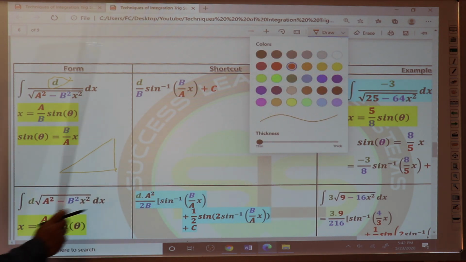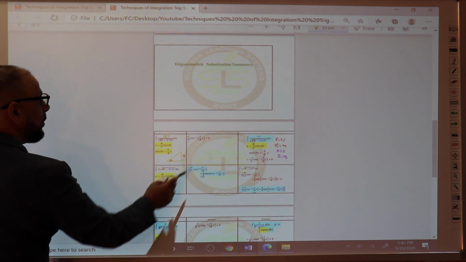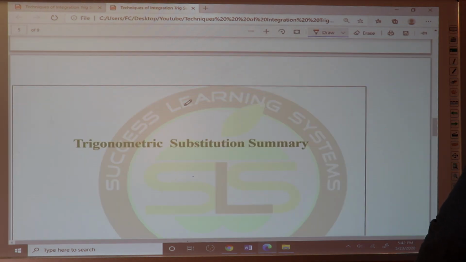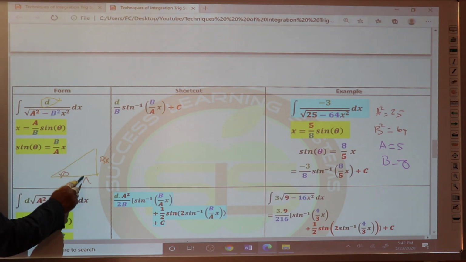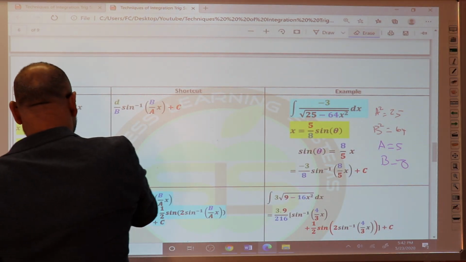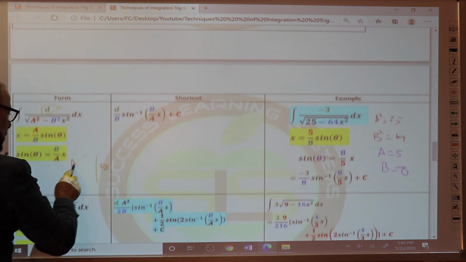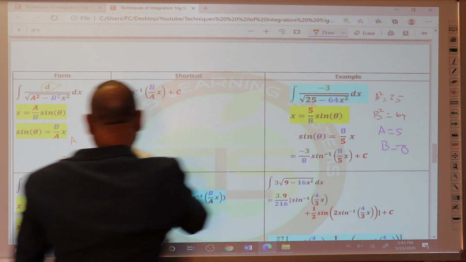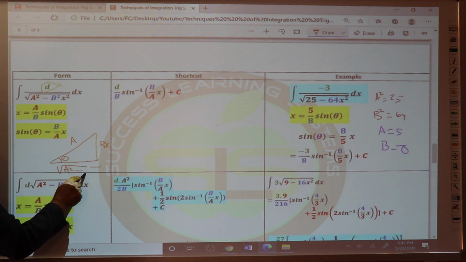The angle is theta, the sine is bx over a, with hypotenuse a, and the adjacent side is the square root of a squared minus b squared x squared.